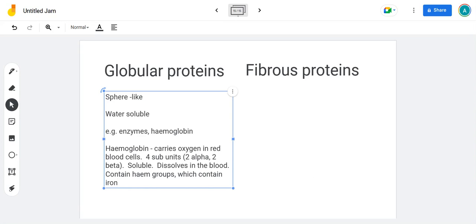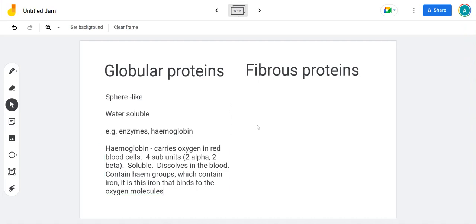Okay, because we need iron for our heme groups, for our hemoglobin, for our red blood cells to carry oxygen around our body. And it's this iron that binds to the oxygen molecules to carry oxygen around our bodies in our blood.